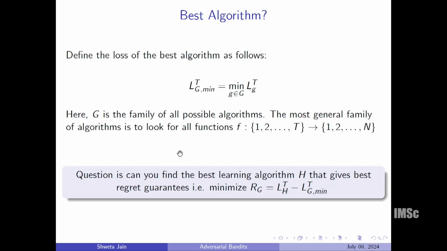Does it make sense? However, if the algorithm is putting all the losses to be 1, coming back to Pallavi's question in the morning, if the algorithm is putting everything as 1, then the best algorithm will also incur a loss of capital T. Yes, then you are comparing against capital T. Okay.